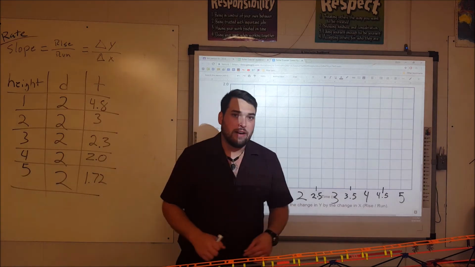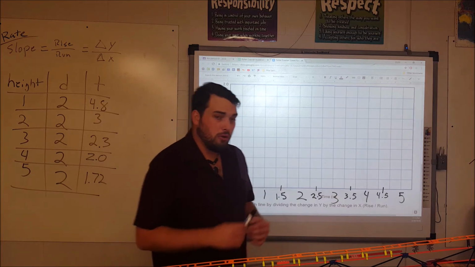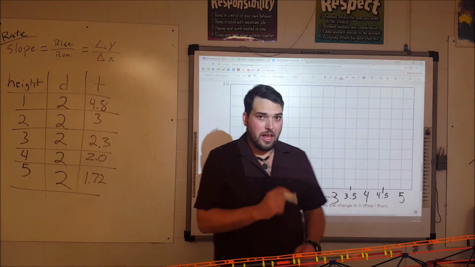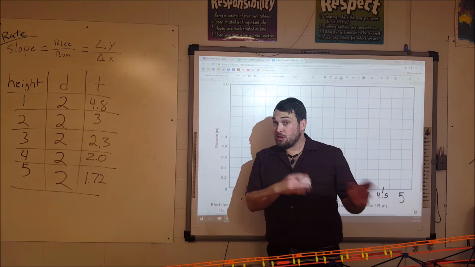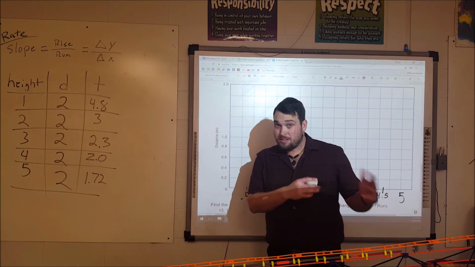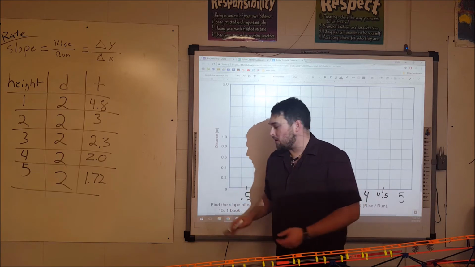Now you're actually going to graph this as 5 separate lines. So you'll do 5 points. Every one of them starts at 0, 0, okay? Because at 0 distance, the car had gone 0 seconds. No time had elapsed before we start.